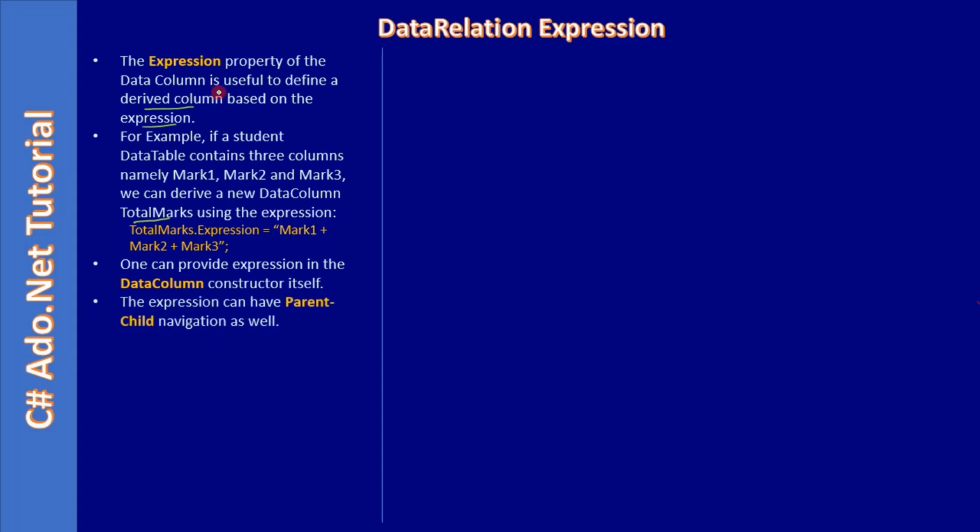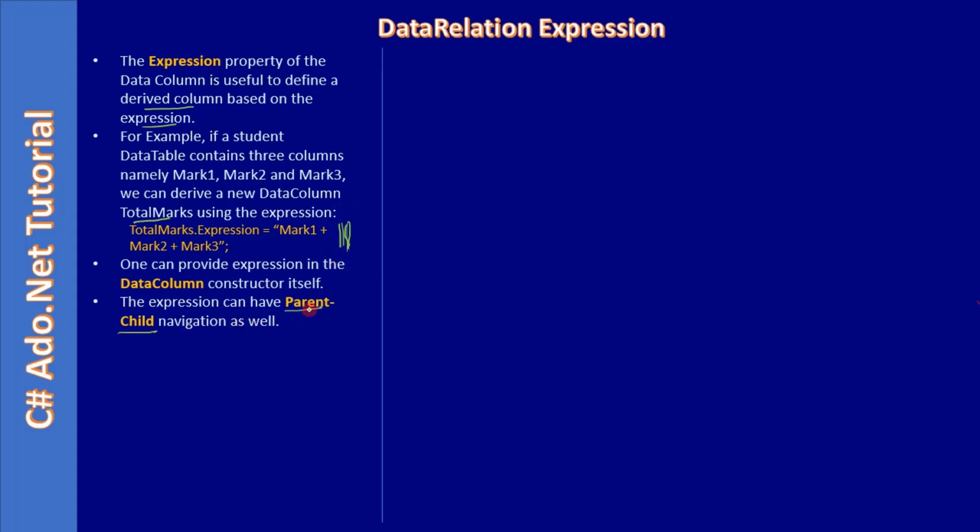The expression can have parent-child navigation also. So here we are talking about data relation, right? When we have data relation, you can make use of the parent-child navigation and form the expression column. Here, if you see, it's a simple expression column. It doesn't use any parent-child navigation.